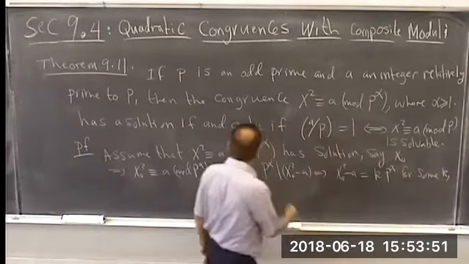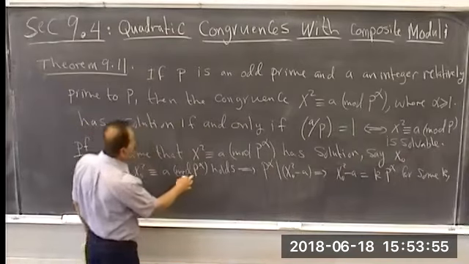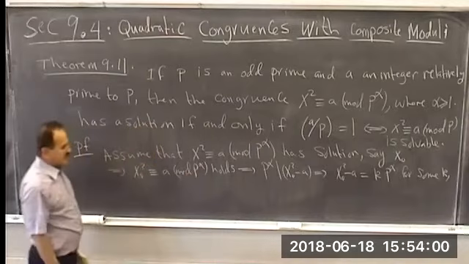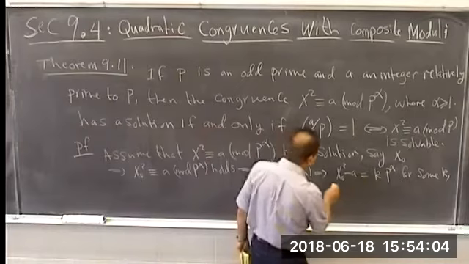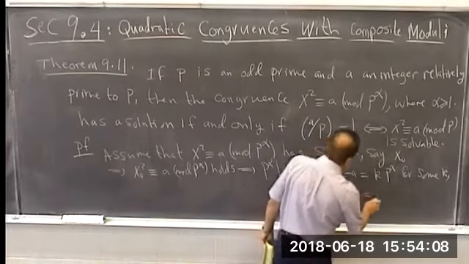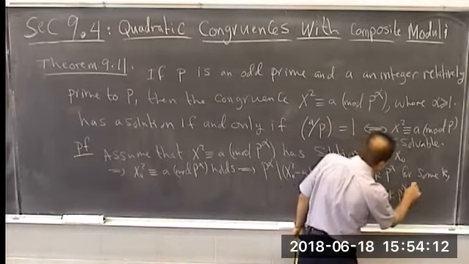Well, actually, we could also use the property of congruence that if a congruence relation holds mod an integer, it holds mod any divisor of that integer. But if you want to go from scratch, x0 squared minus a equals p times k p to the alpha minus 1.